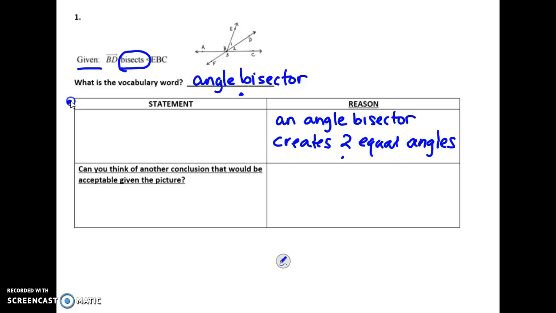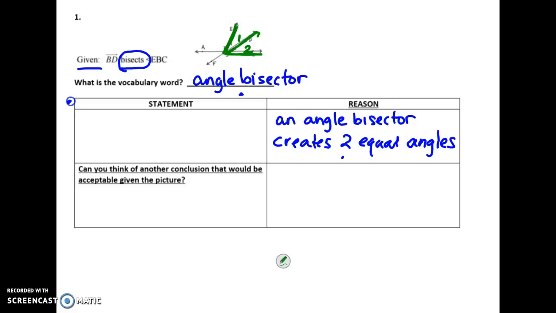Now you have to focus on the picture. The picture says that BD, the ray, so that's right here, bisects angle EBC. EBC is right here. They have this marked as angle 1 and this is angle 2.